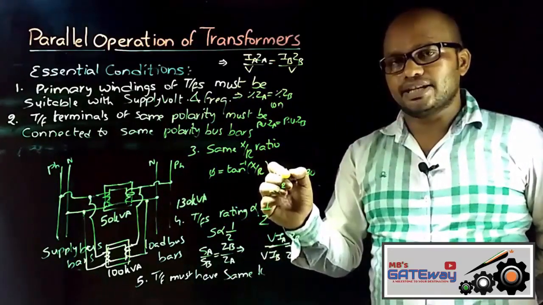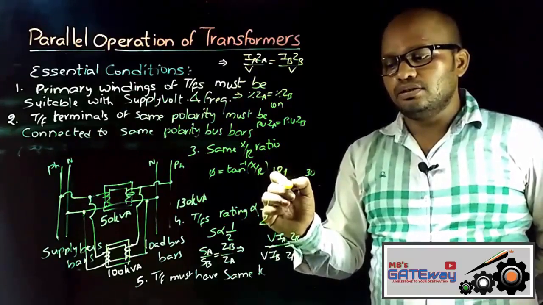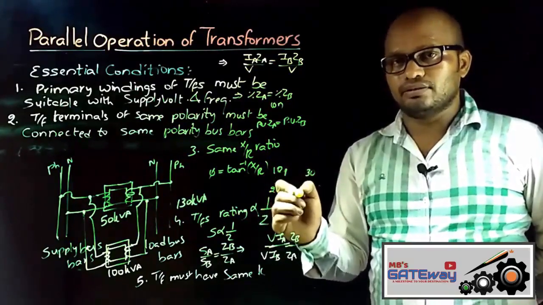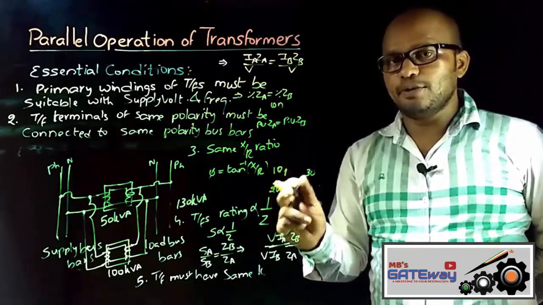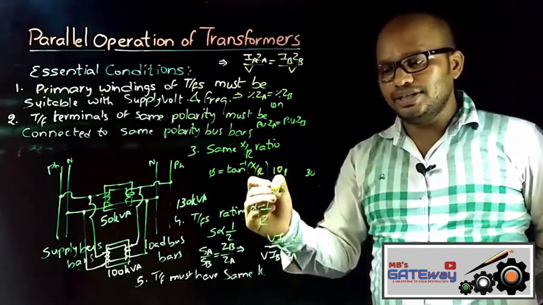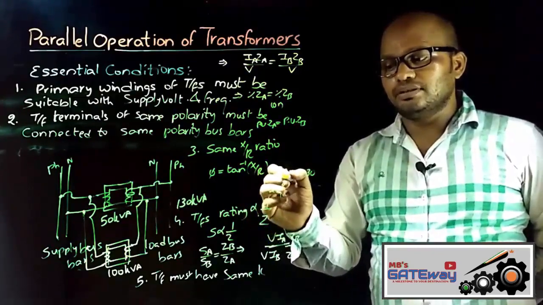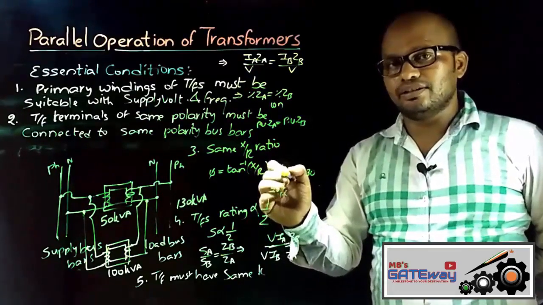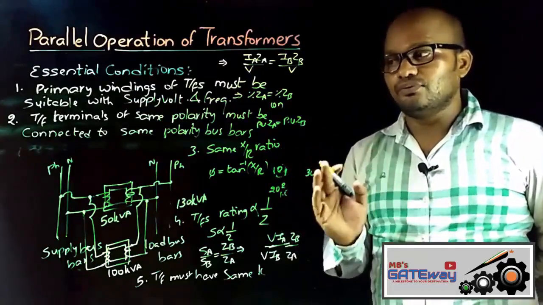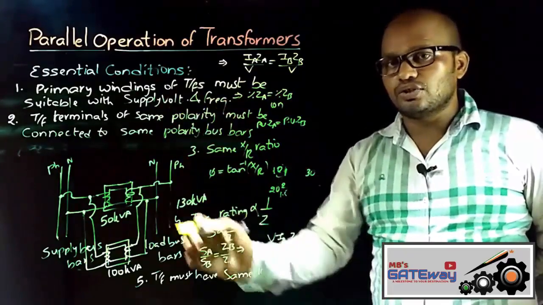Let us suppose this transformer is sharing 1, and this transformer might share less than 2, let us suppose 1.5 parts. So which is inappropriate load sharing, and here this transformer is supplying less than what it is expected to supply. Then what happens? The burden on this transformer will increase and this transformer will get overheated. Therefore, for proper parallel operation of transformers, these conditions are to be satisfied.